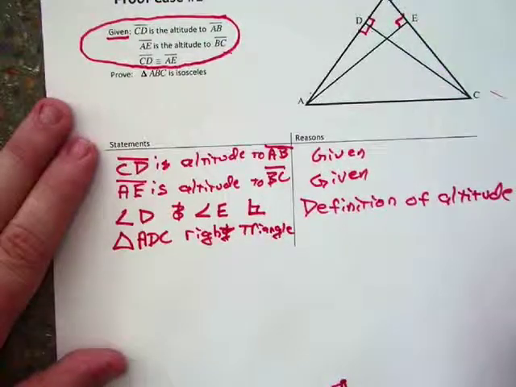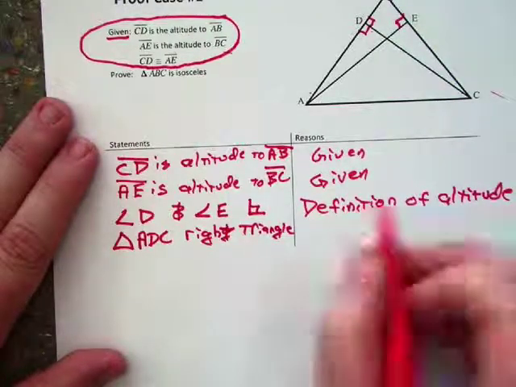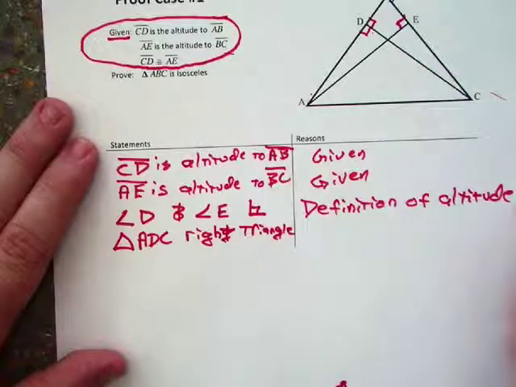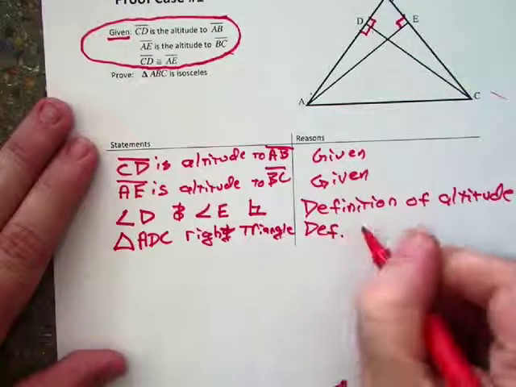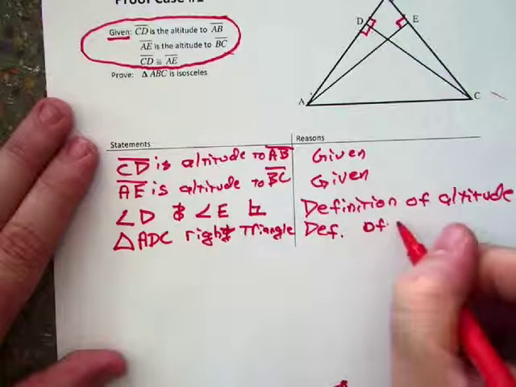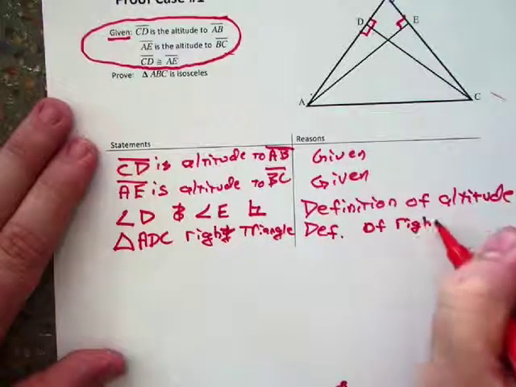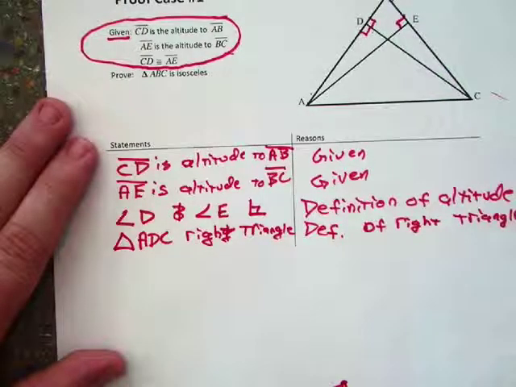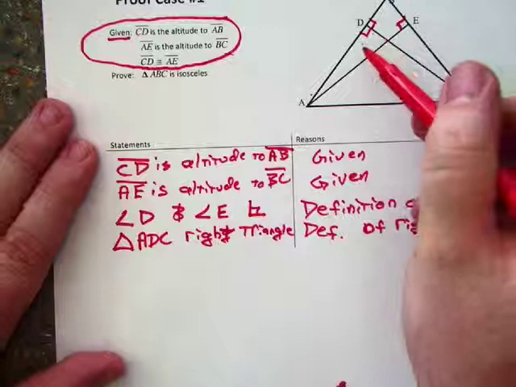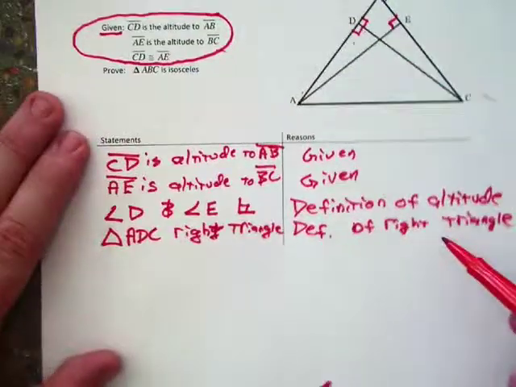And how do we know that's a right triangle? Well, the same way we knew that those were right angles, the definition of right triangles. By definition, one of the angles is 90 degrees, so that makes it a right triangle.